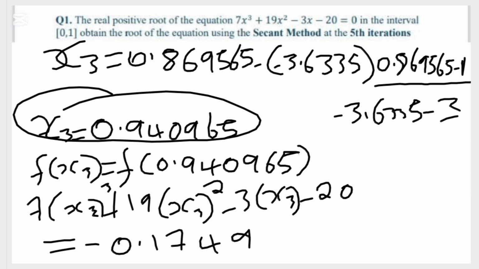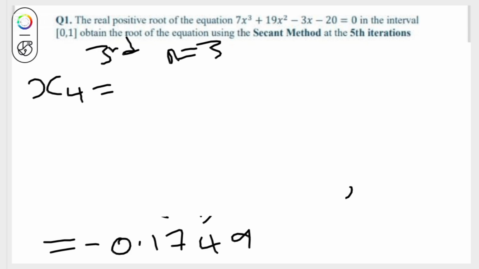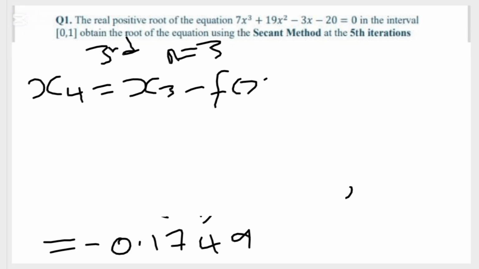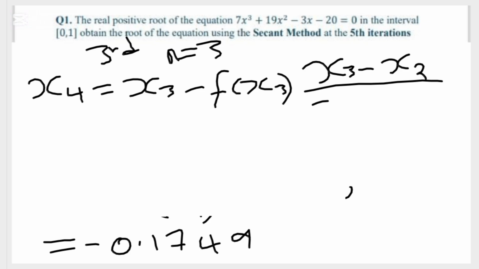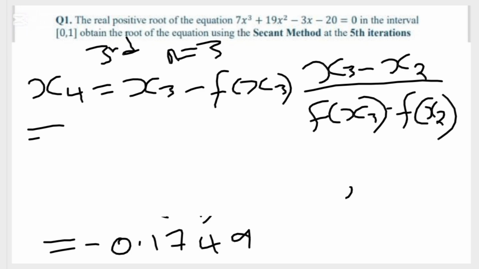So now I'm moving to the third iteration, when n is equal to 3. So this will now become x of 4, equal to x3 minus f of x3 multiplied by x3 minus x2, divided by f of x3 minus f of x2.